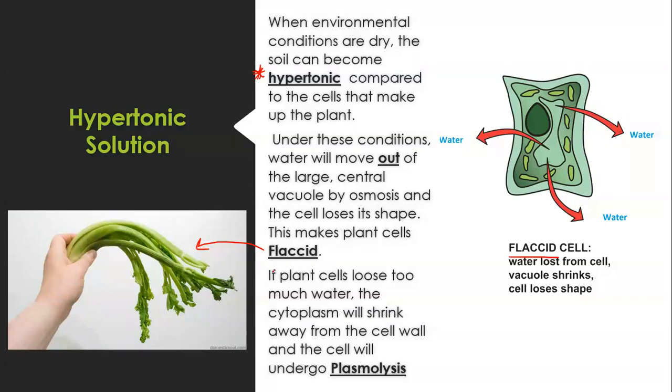Now, if plants shrink and become flaccid, the cytoplasm shrinks away from the cell wall, and the cell essentially shrinks, and we get this wilting. That's known as plasmolysis. Okay, the cytoplasm shrinking away from the cell wall is known as plasmolysis.